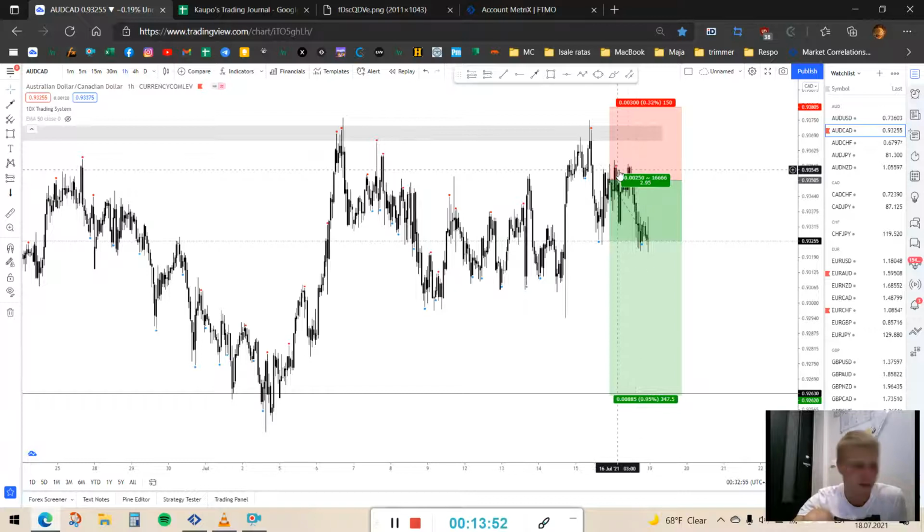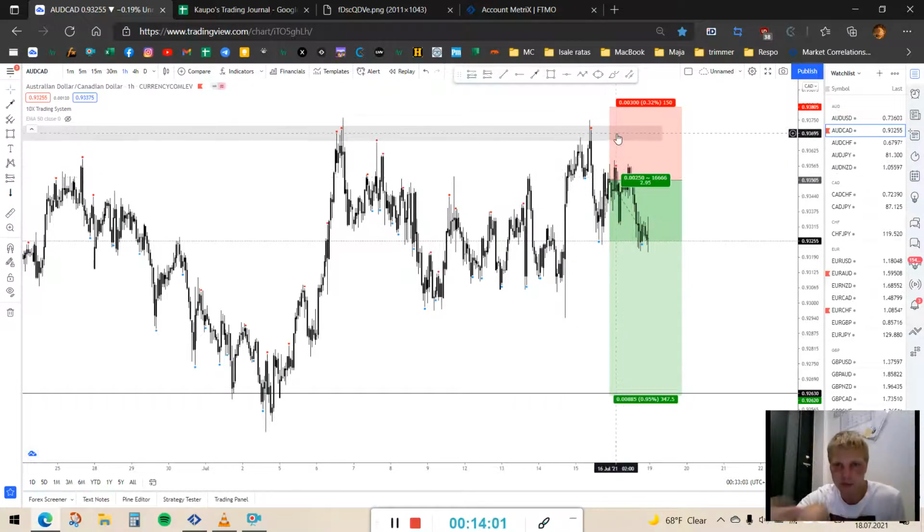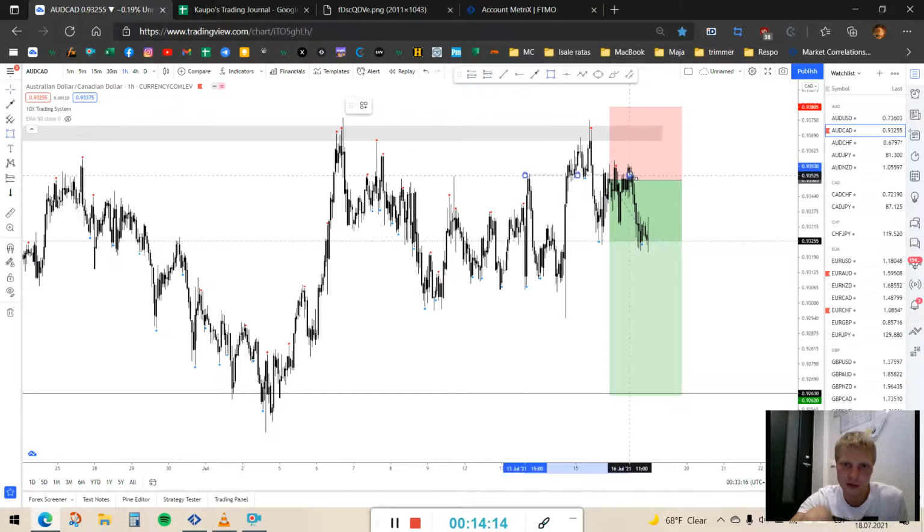I got FOMO, fear of missing out. I have seen this kind of pattern before, that a signal occurs and there's a significant move down, and then it comes up to retest the recent lows, or to make a stop hunt to grab liquidity.